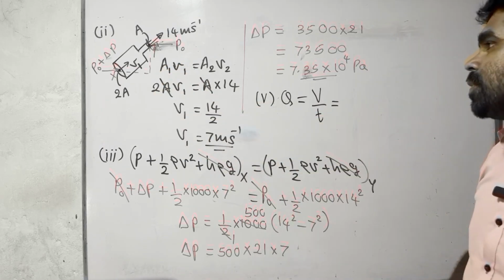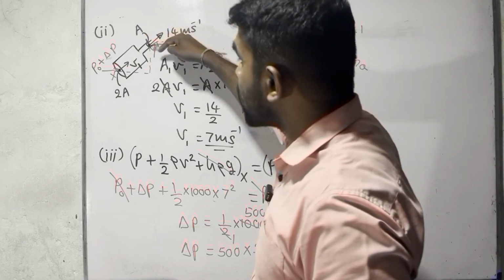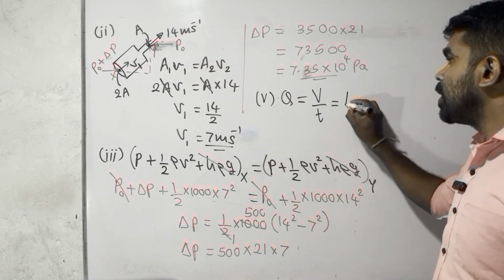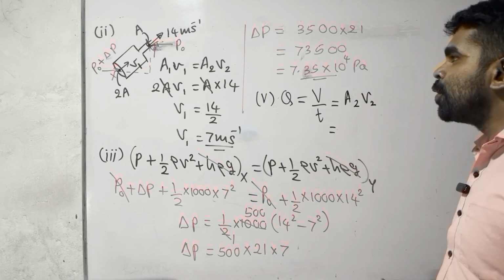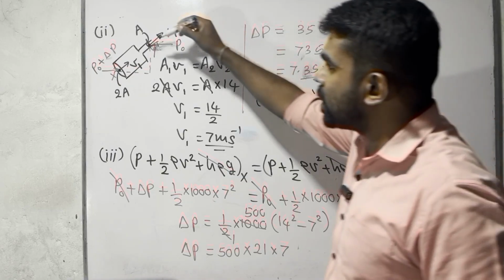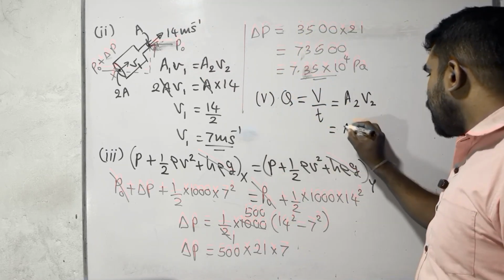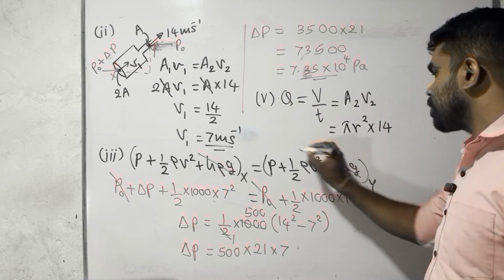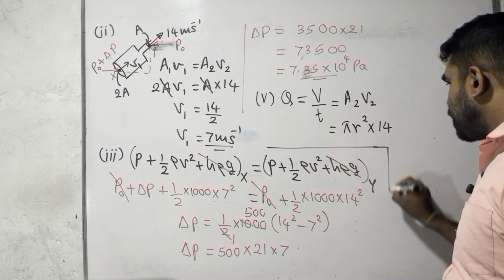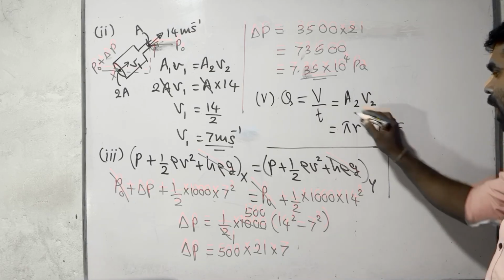We have to find the volume flow rate at the nozzle. Therefore, we can write it is A2 V2. We have to substitute values. This one is a circular cross section. Therefore, we can write pi r squared. V2 value is 14. Then we have to simplify it. They have given that to take pi as 3.